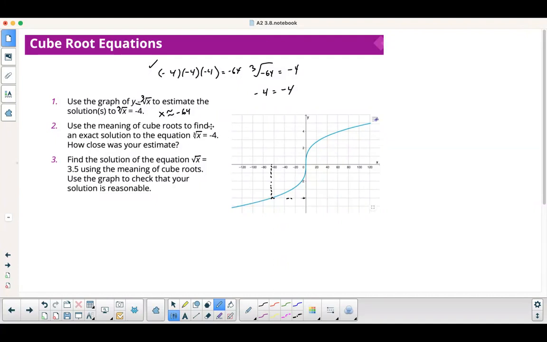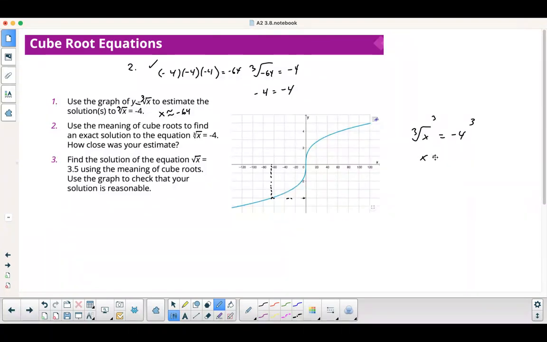So this would be number 2 up here. Use the meaning of cube roots to find the exact solution. Now I just got lucky with my guess here. If I have the cube root of x equals negative 4, if I cube both sides, a cube gets rid of a cube root.